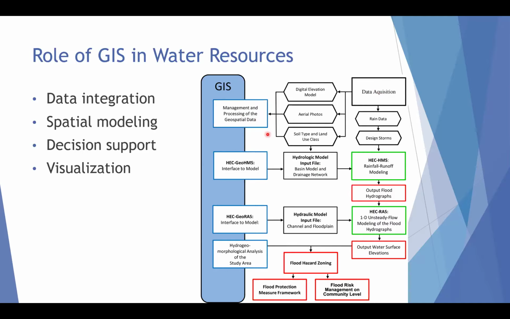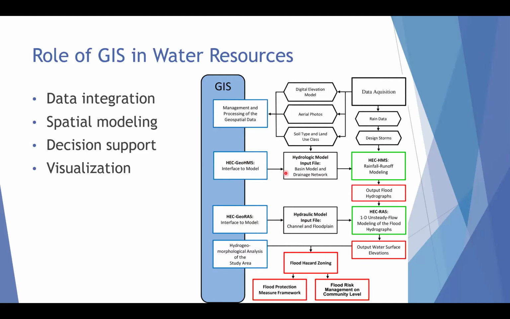And then after this, in the GIS environment, you can run the hydrological models. Now the data required to run the hydrological model has to be prepared. There are certain GIS platforms, for example, you can see HEC-GeoHMS, HEC-GeoRAS, etc., which are some of the interfaces developed to generate the required data set, that is your GIS data set, for running these models.